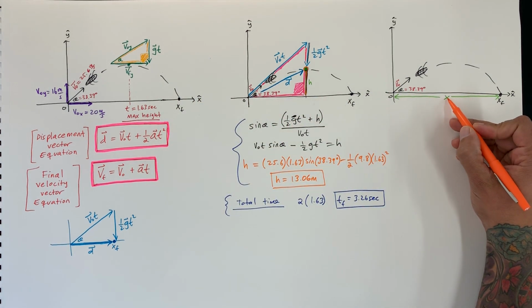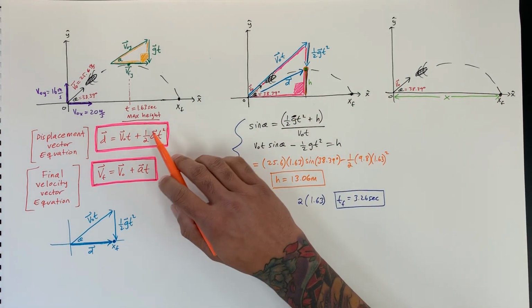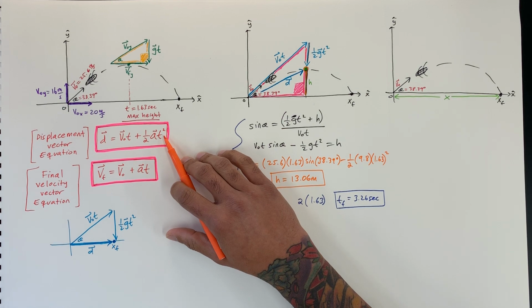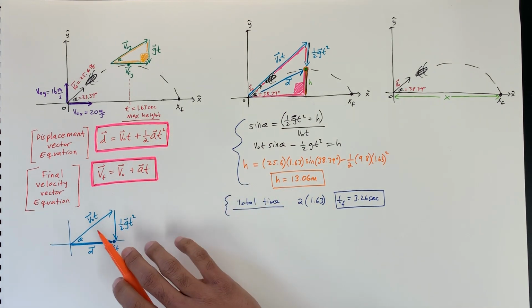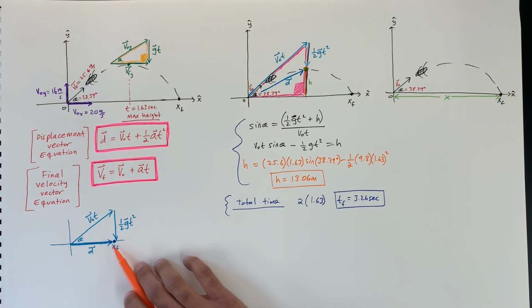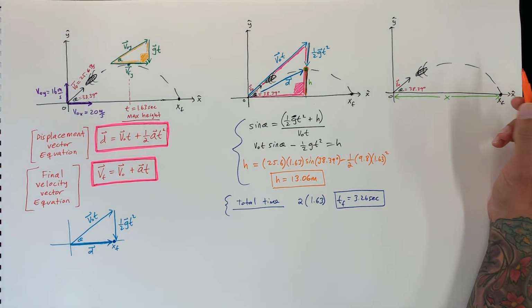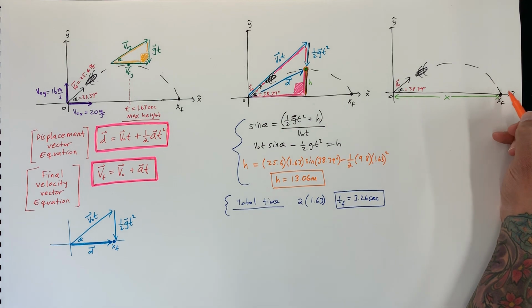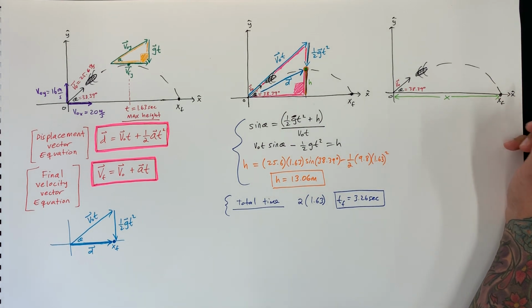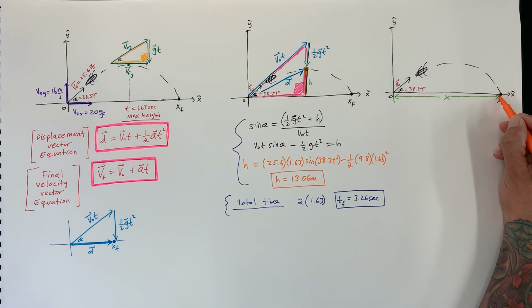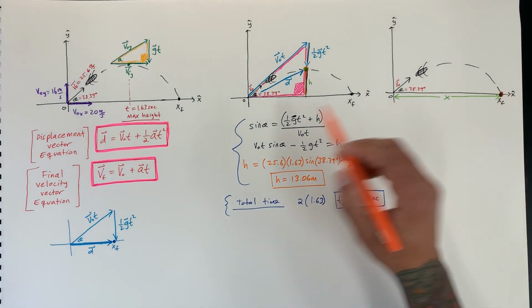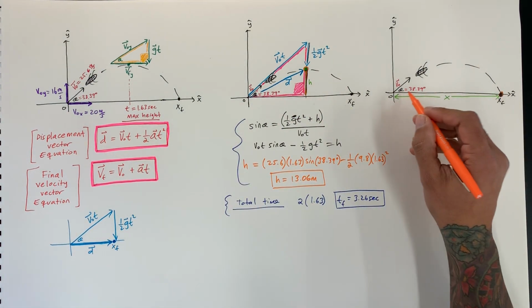So if we want the final position, right, we're going to use the displacement vector. And so we know that this is an equation that looks like this triangle right here. And so let's draw that triangle. Where is the final position that we're interested in? Okay, and so that's going to be on the x-axis right here. So we draw our first vector straight to it.